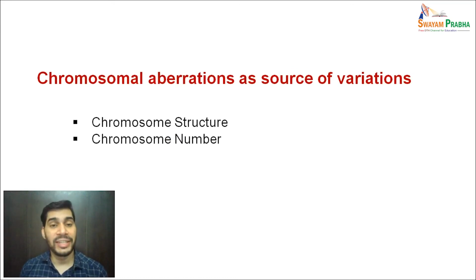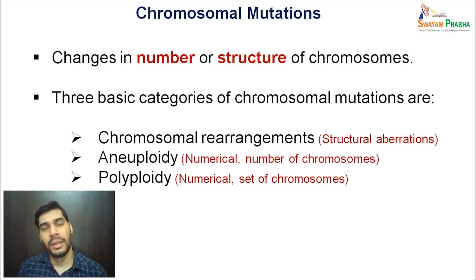Under this, we will discuss the changes which are occurring in the chromosome structure and the changes which do exist in terms of number. The chromosomal mutations are nothing but the change in the number or structure of the chromosomes. We can easily classify the chromosomal mutation into three different categories. These can be the chromosomal rearrangements, where there is a structural change in the chromosome.